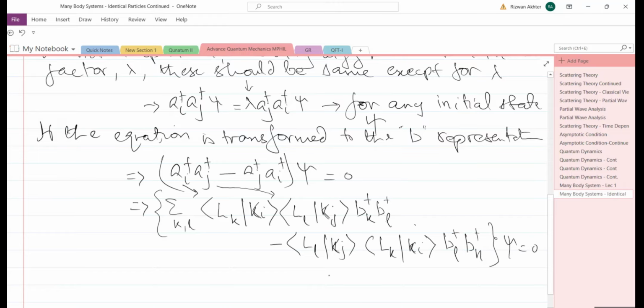We can take out these scalar numbers because these overlaps represent some numbers. So we can bring them out as common factors.